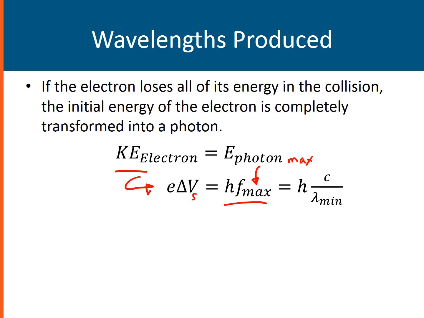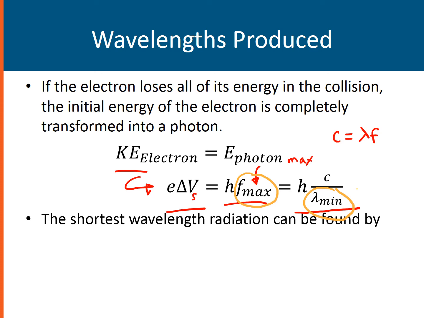Expressing frequency in terms of c over lambda from the equation c equals lambda multiplied by frequency, we could express e delta V as h multiplied by c over lambda minimum, or the minimum wavelength. This is because if our frequency is maximum, then our wavelength should be minimum, as they are inversely proportional.